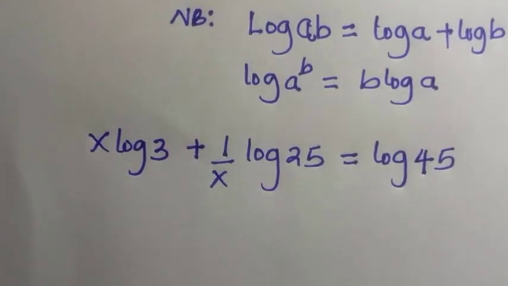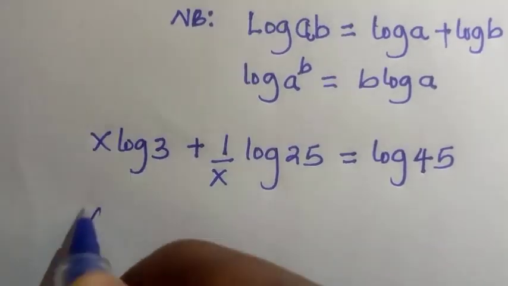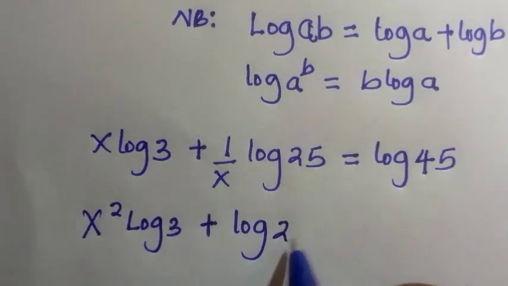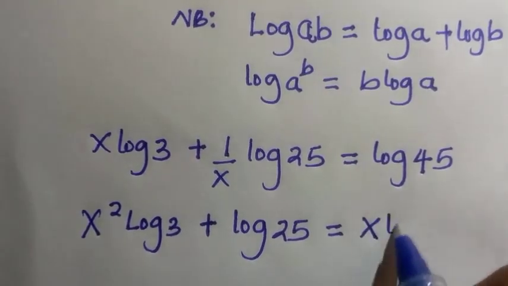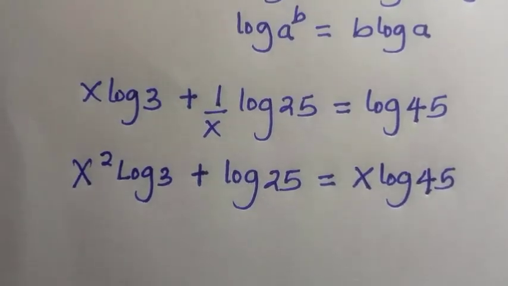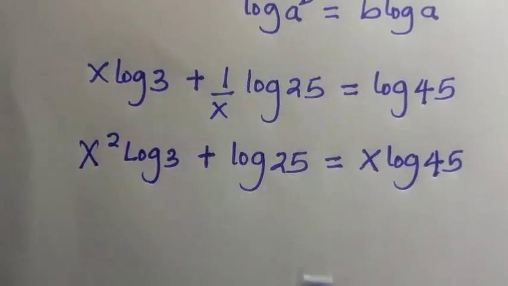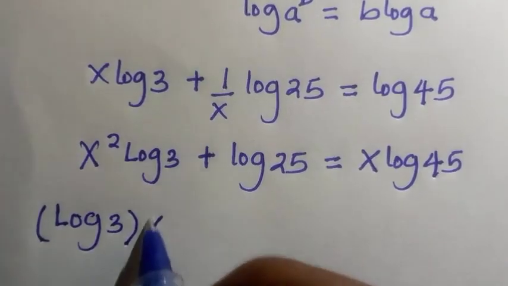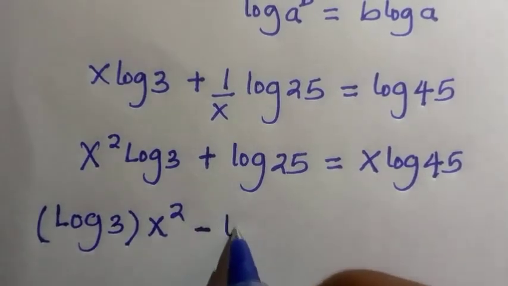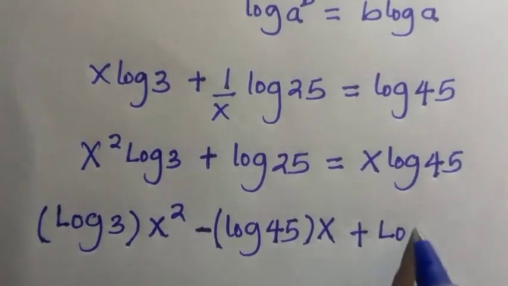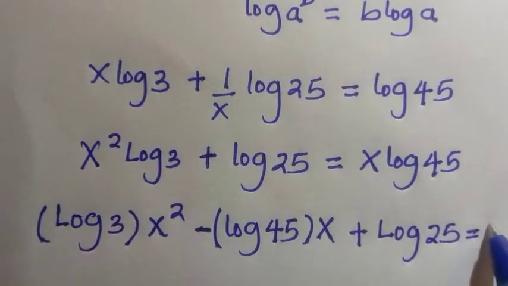So let's multiply throughout by x. Here we are going to have x squared log 3 plus log 25 equals x log 45, and by rewriting this and collecting everything on the left hand side, we have log 3 as the coefficient of x squared, then in brackets x squared, and minus log 45 in brackets x, plus log 25 equals 0.